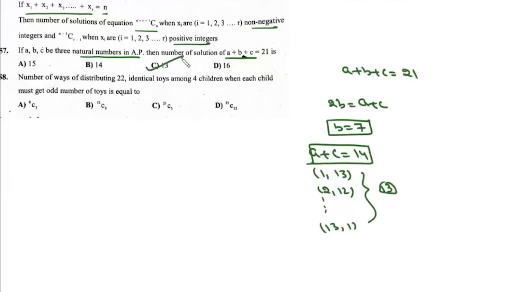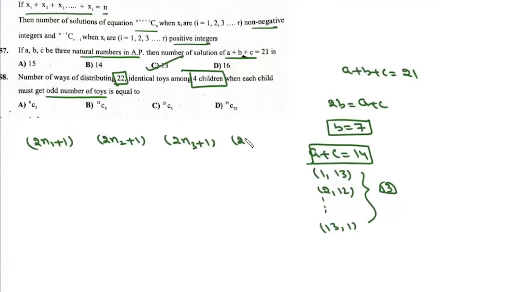Now the next one is, the number of ways of distributing 22 identical toys among 4 children when each child must get an odd number of toys is equal to which of the following. Now suppose the first child gets 2n1 plus 1 toys, the second child gets 2n2 plus 1 toys, the third child 2n3 plus 1, and the fourth child 2n4 plus 1, where any ni is a non-negative integer.